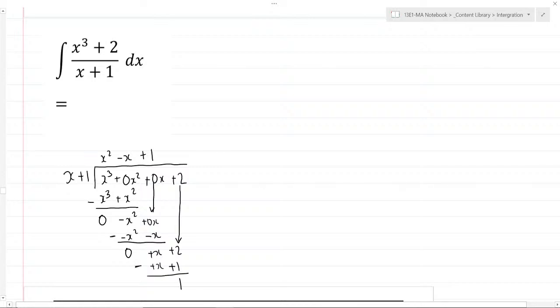Okay. So if I integrate x cubed plus 2 all over x plus 1 with respect to x, this is equal to the integral of x squared minus x plus 1 plus my remainder, which is 1 over x plus 1, with respect to x. Everybody all right with that? Yeah?